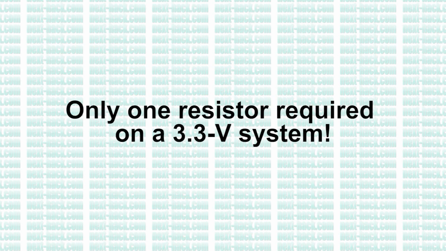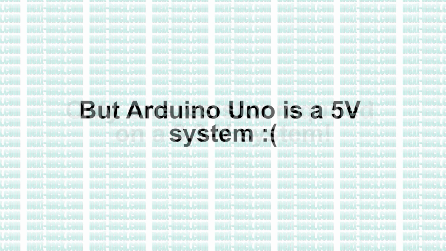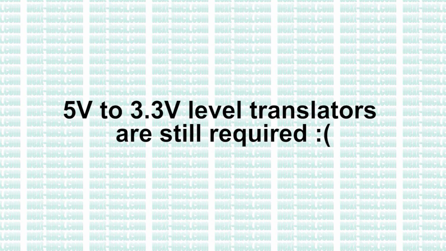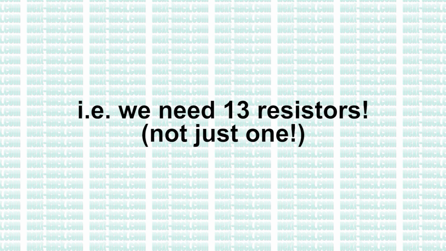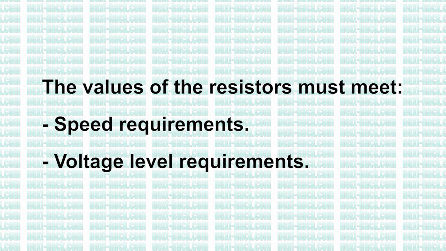Well, not just one. In fact, we have another problem. The Arduino Uno works at 5 volts. Therefore, we need 5 volt to 3.3 volt level translators, as we did in the second video of this series. The values of all the resistors must be carefully chosen to meet bandwidth and voltage levels specifications.